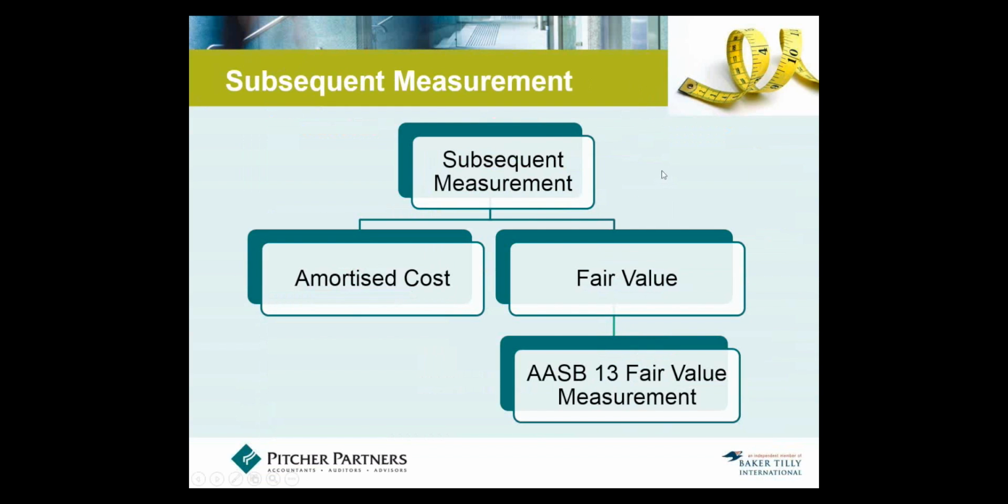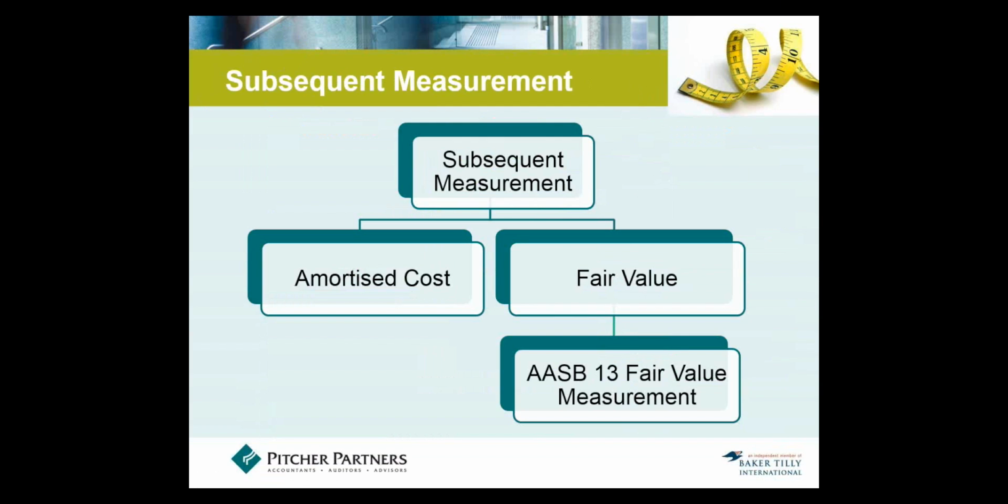So remember we said measurement has initial measurement and subsequent measurement, and then when we look at subsequent measurement, there's actually only two options. The financial asset or financial liability based on the categories are either at amortized cost or it's at fair value. When you look at the fair value alternative, they can either be at fair value through profit and loss, or they could be at fair value through equity, which is AFS.